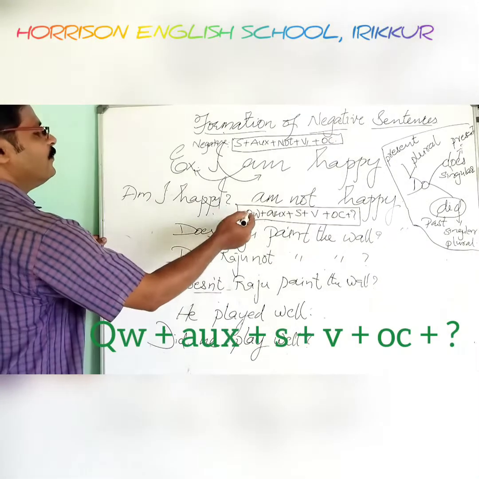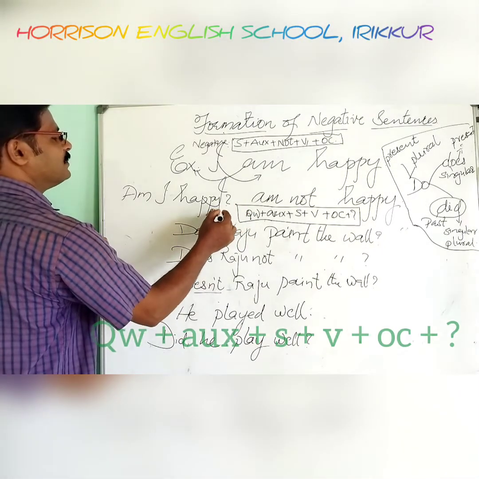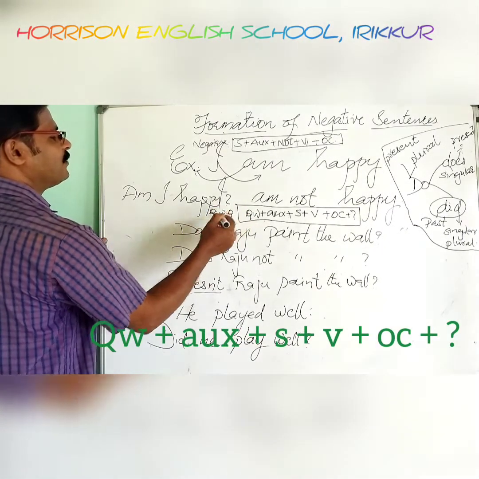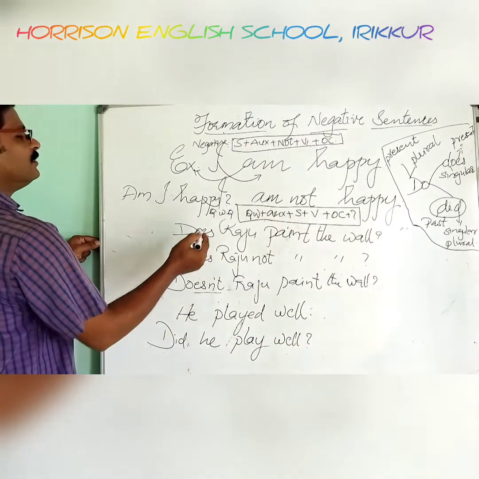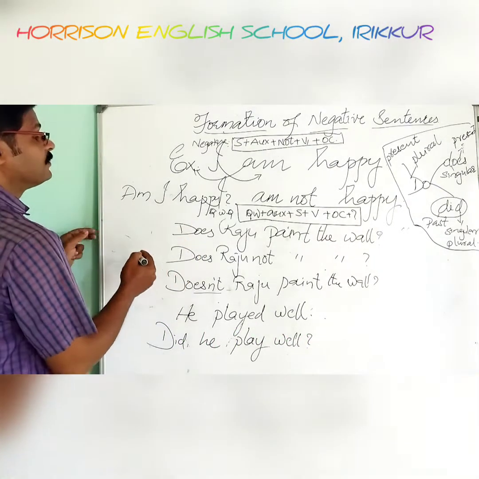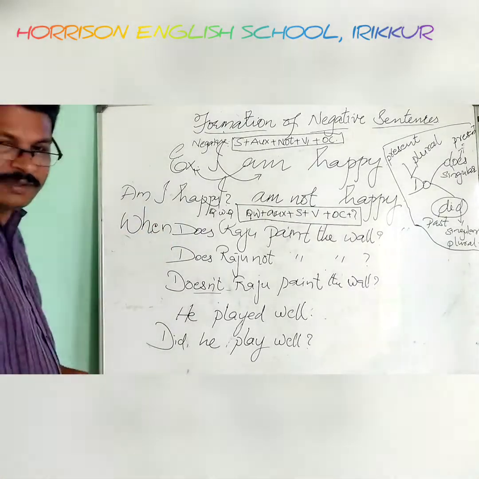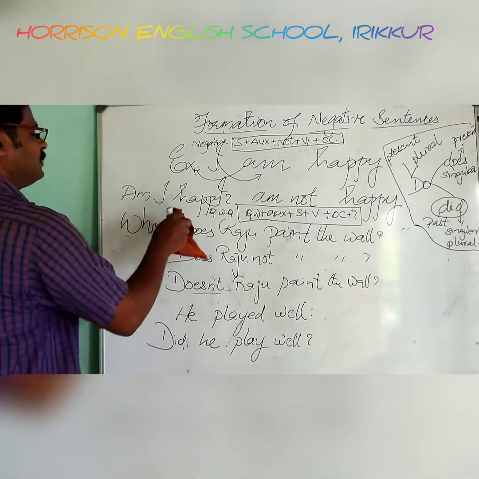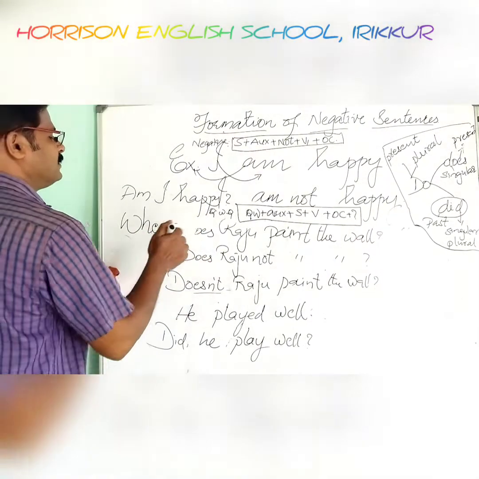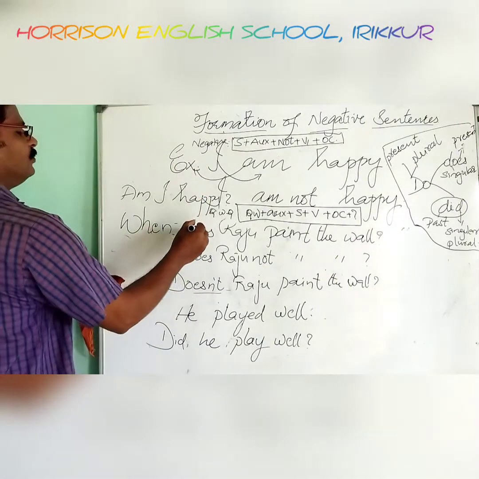So this is for a question word question. How can you add? You can drop in a suitable question word. So we can say when. Then the next word should be in small letter. That's the only difference. When does Raju paint the wall?